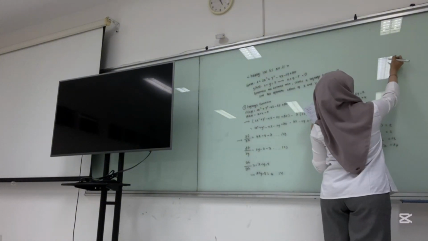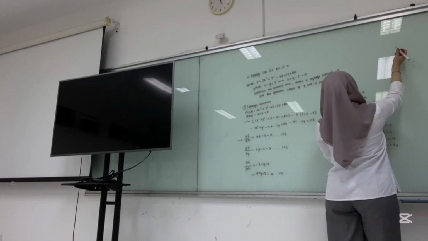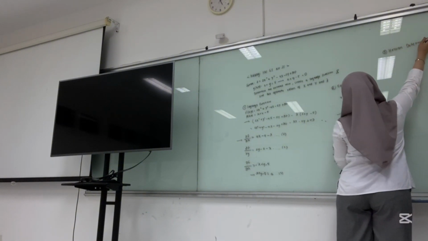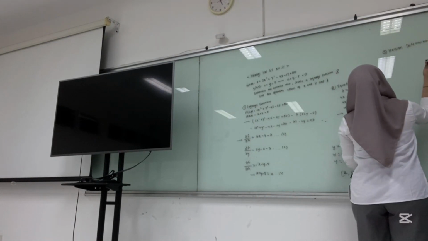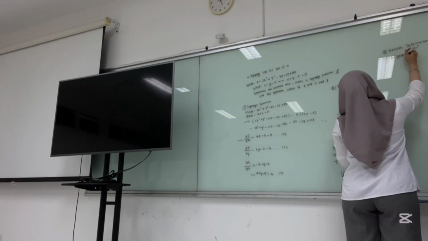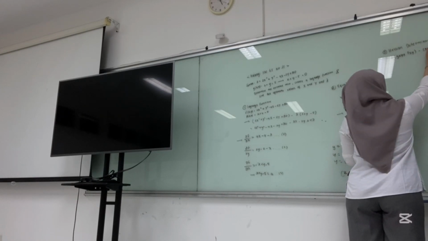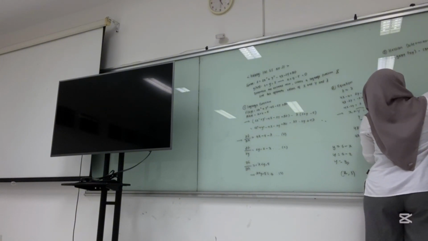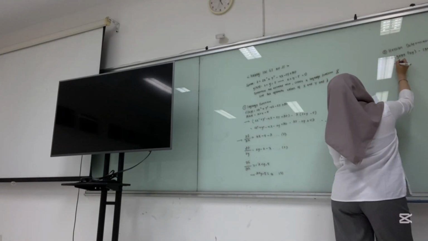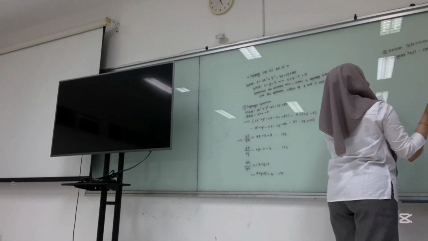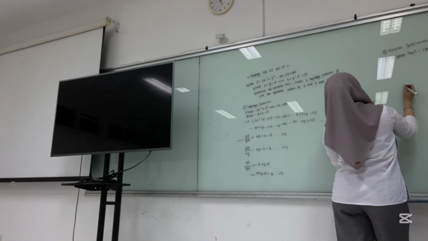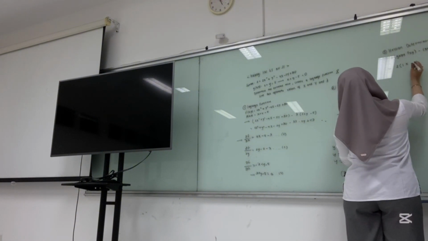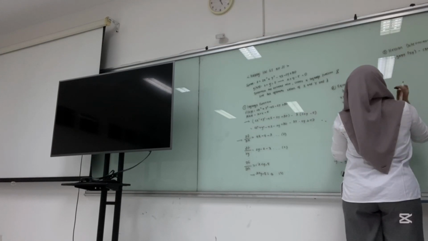To determine if it's a minimum or maximum, we need to use the Hessian determinant. Find the second derivative of this.